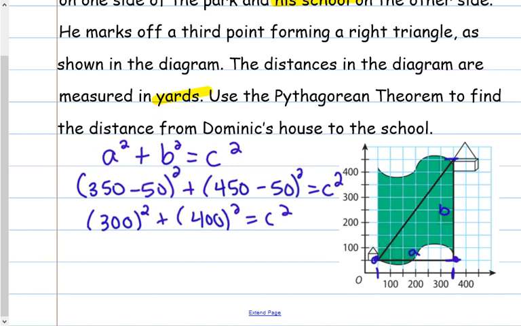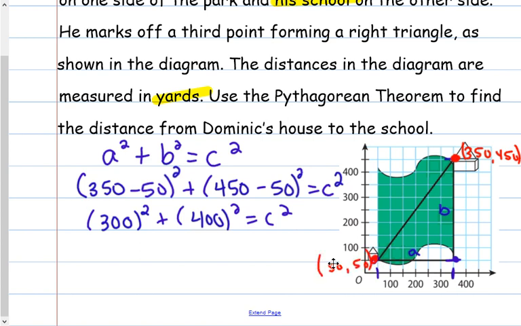So let's just look at that for a second. If I were to actually find this coordinate, it would be 350, 450. And this coordinate here would be 50, 50.